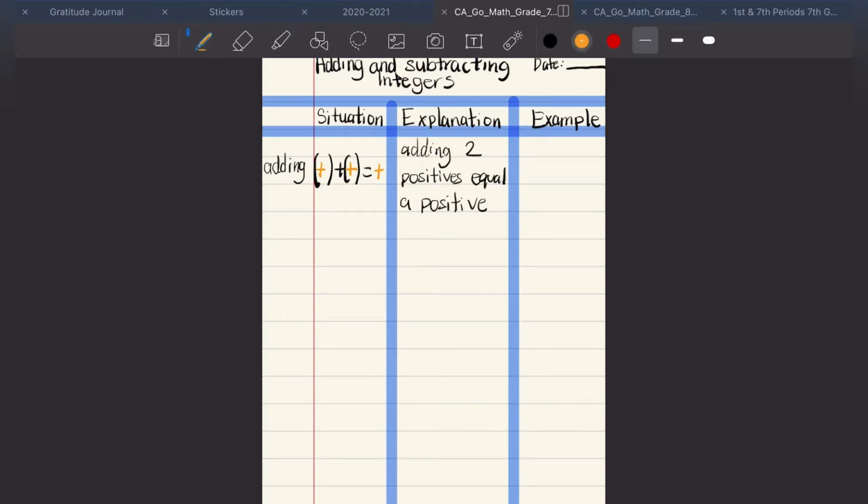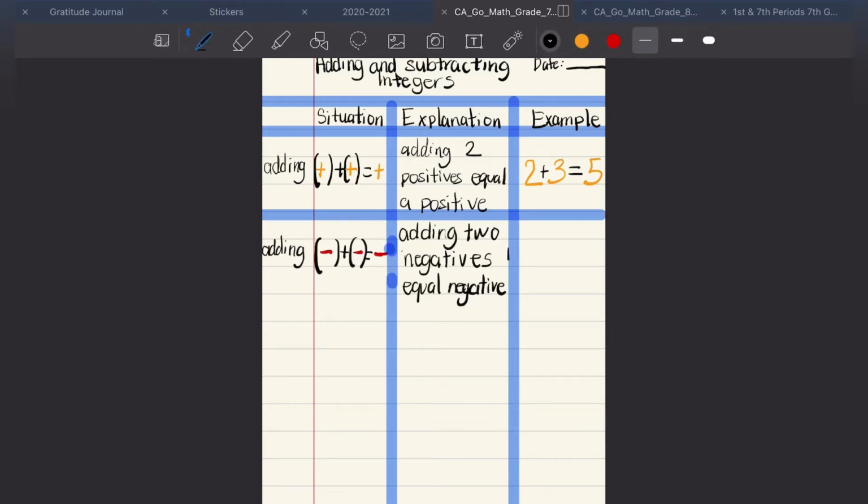An example of that could be 2 plus 3. It's your regular addition basically, equal 5. And since I'm done with the 3 columns, now I can go ahead and create that row. Okay, and I'm ready for the next situation.